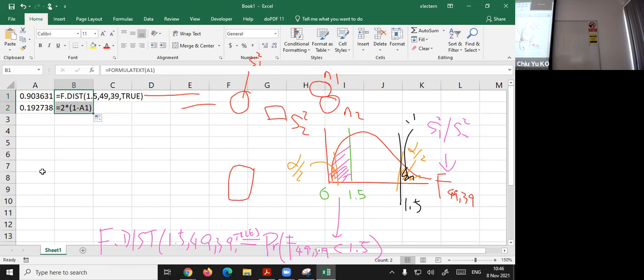Now the next question is, if you don't do the p-value, how do you do this? Then you just have 2.5% on both sides, right? So you just use F inverse. What's the left-hand side? The left-hand side will just be F inverse of 0.025, 49, 39.